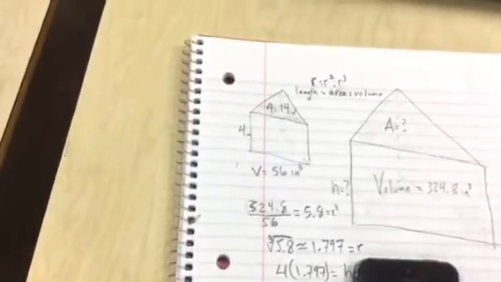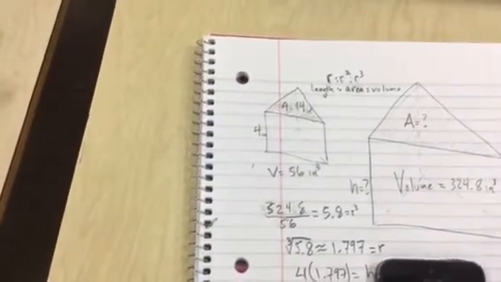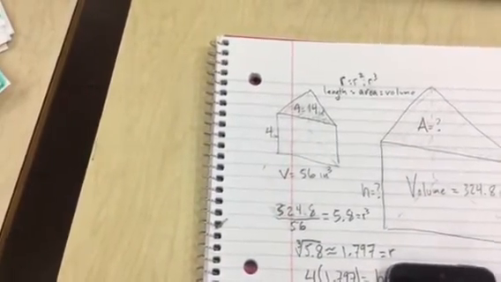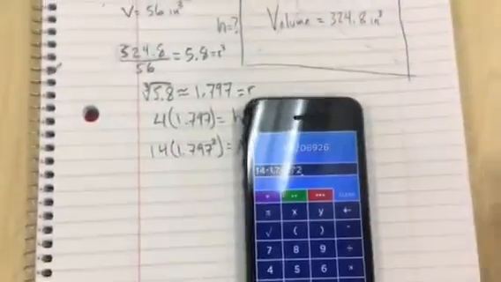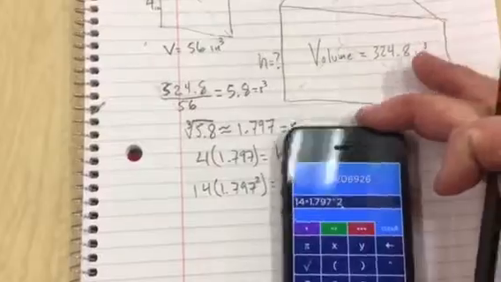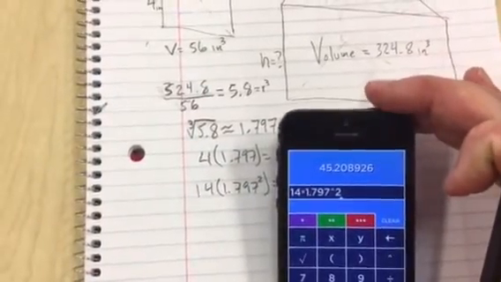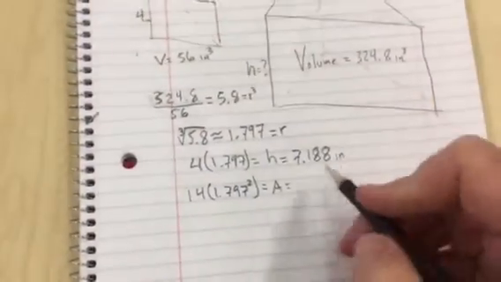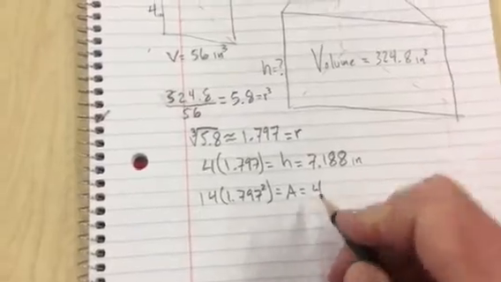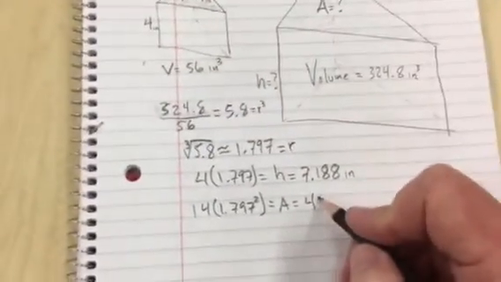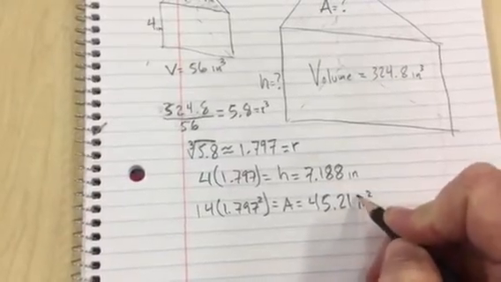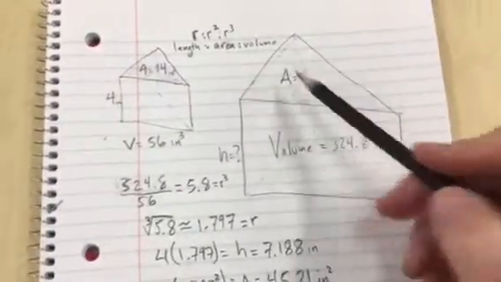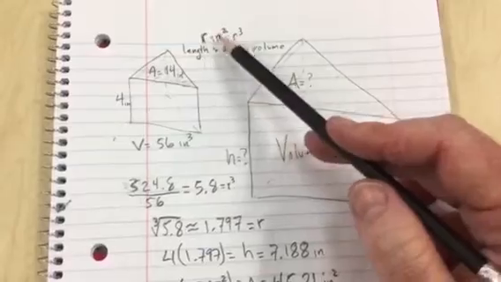That gives me 45.2, let's round up, 45.21 square inches. That's the area of this base here using the linear factor squared.